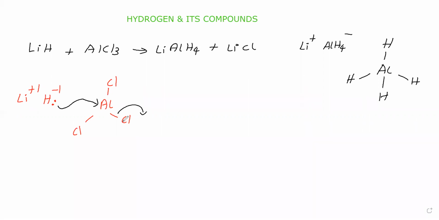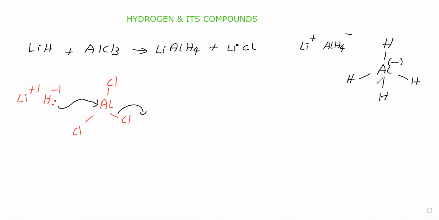That means this Cl is replaced by H. Between H and Al, a dative bond is forming. In this dative bonding, aluminum is the acceptor and H is the donor. Therefore, which one gets the negative charge, aluminum or hydrogen? We can say the negative charge comes to aluminum because it is the acceptor.